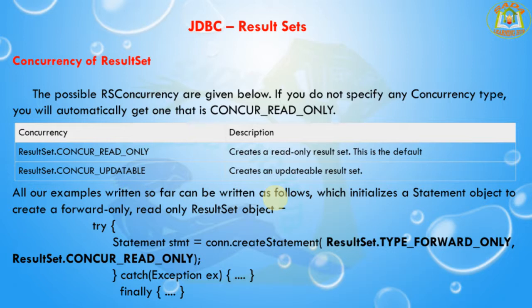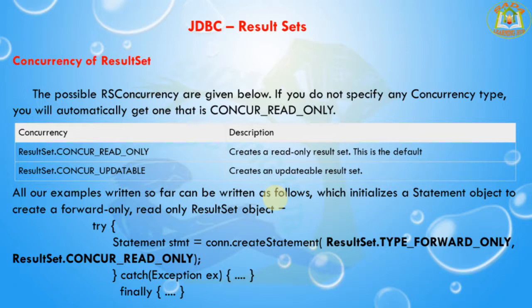Next, I am going to discuss updating a result set. The result set interface contains a collection of update methods for updating the data of the result set. As with get methods, there are two update methods for each data type: one that takes the column name and one that takes the column index to update the database.